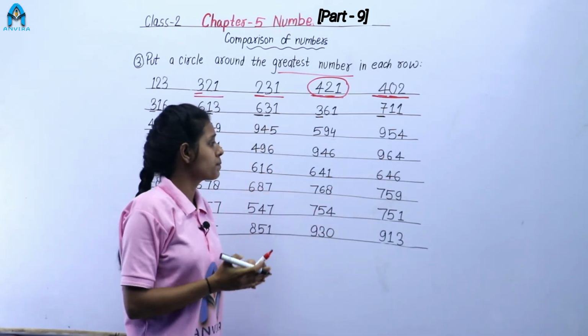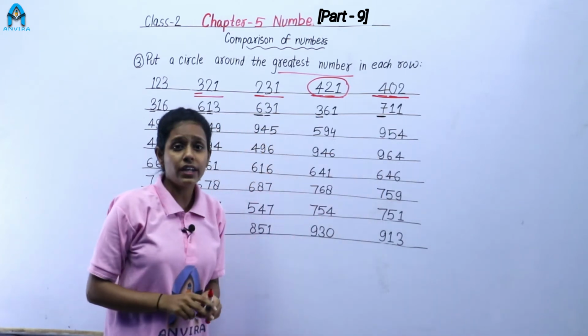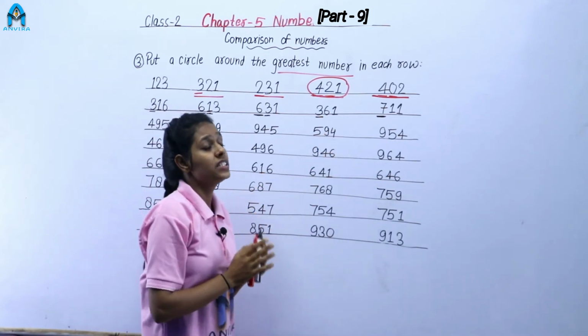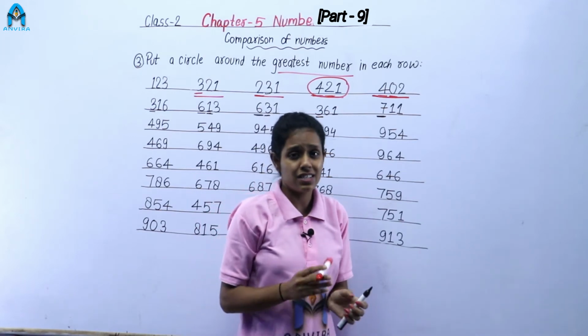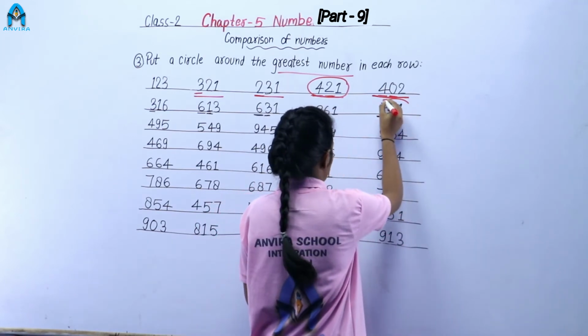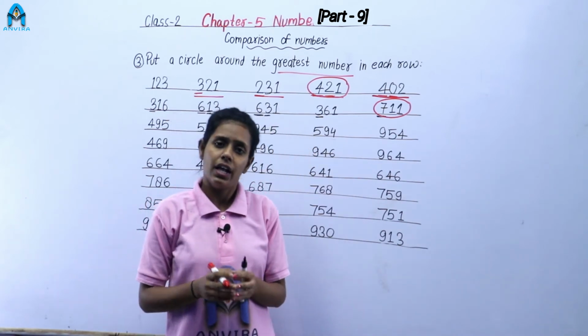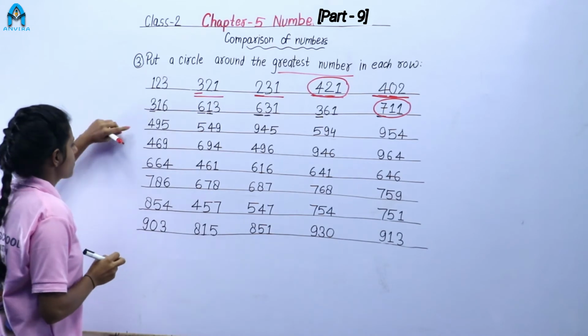Which is greatest? Yes, 700 is greatest. So, we say in this row, 711 is greatest number. So, we have to put a circle on 711.